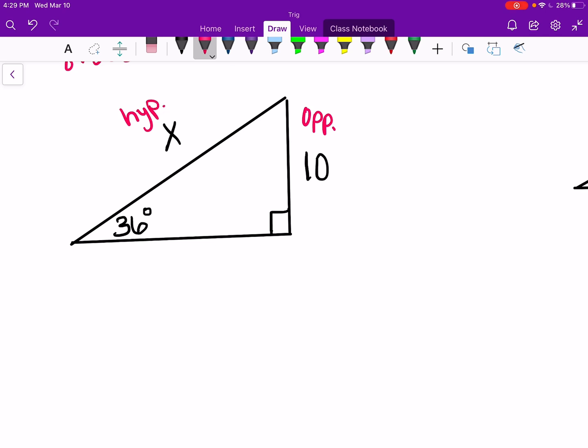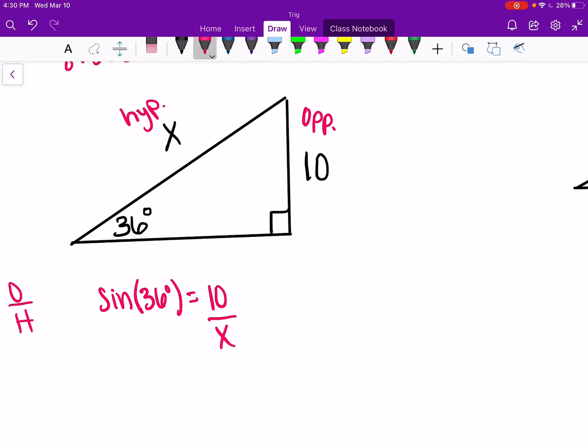So I want the trig ratio that deals with opposite and hypotenuse, which is sine. So sine is opposite over hypotenuse. Sine of 36 degrees equals opposite, which is 10, over hypotenuse, which is x.